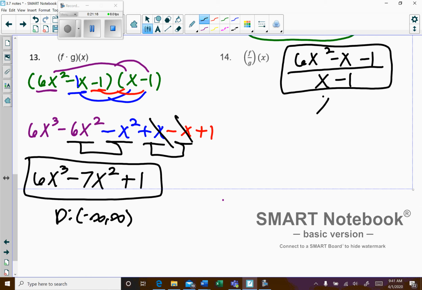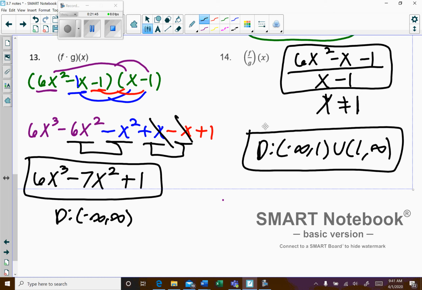And then you can see that you cannot let x equal 1, because if you do that, you'll divide by 0. That will cause problems. So we have to exclude 1. So your domain here will be from negative infinity to 1, but not including it. That's what our parentheses indicate. Union, not including 1, but then beyond, all the way to positive infinity.